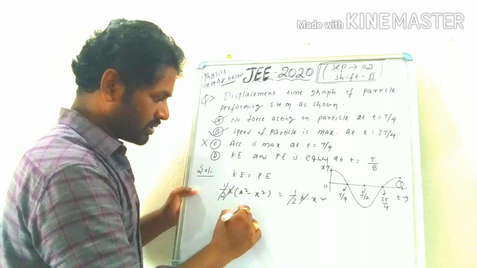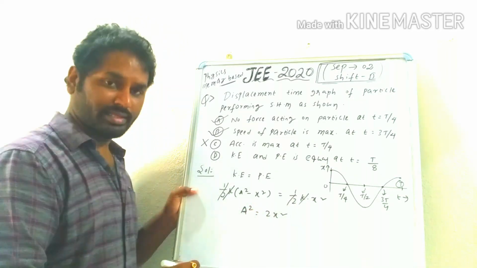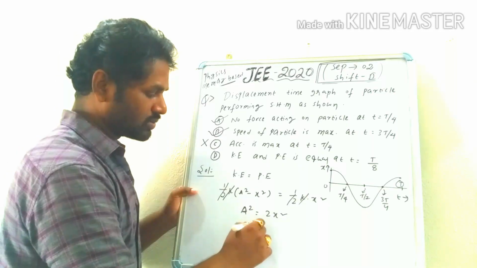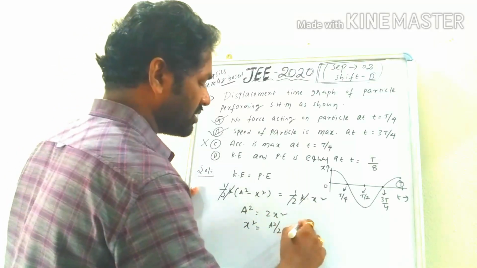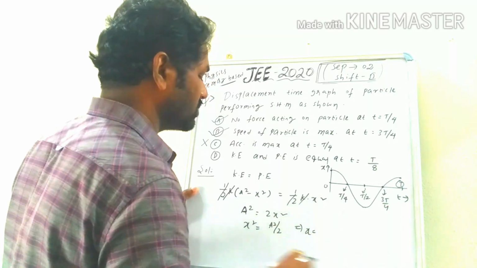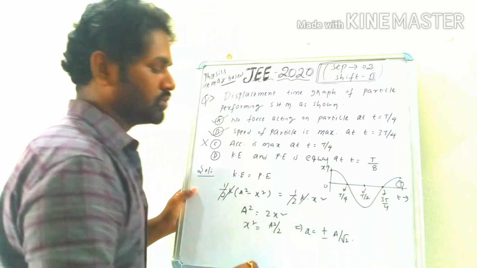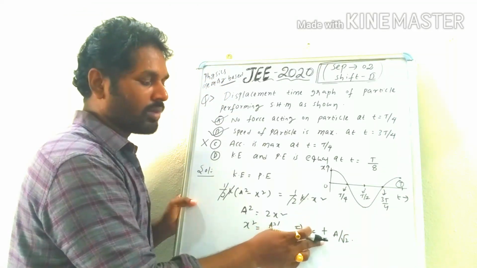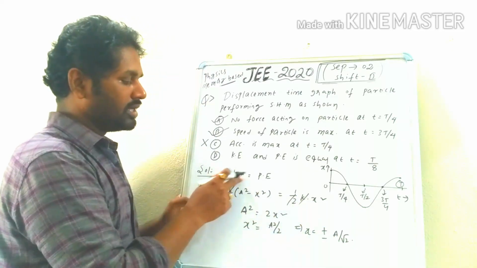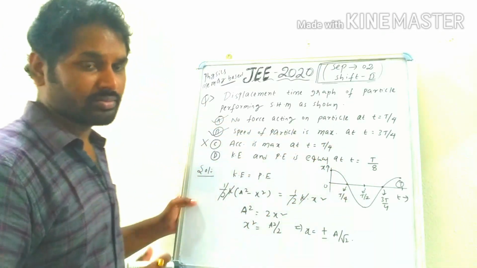If you solve this one, a square is equal to 2 into x square, then x square is equal to a square by 2, or we can write it as x is equal to plus or minus a by root 2. So at displacement either plus or minus a by root 2, these two quantities are equal, but it is given in terms of time.